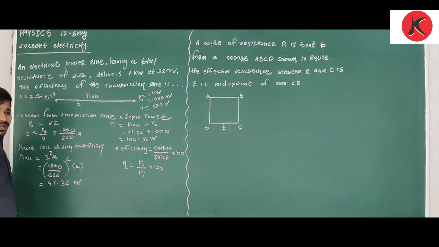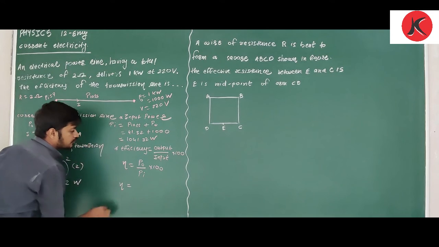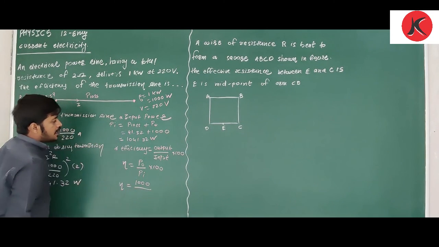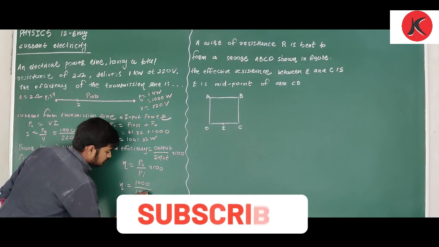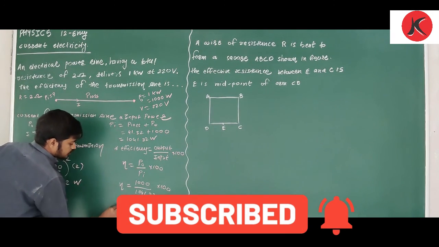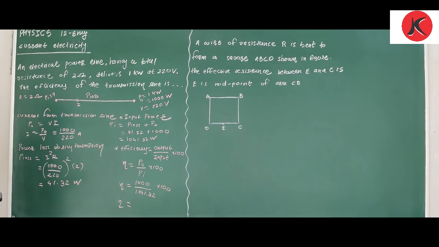Now use the equation of efficiency, eta is equal to output power, 1000, divided by input power, 1041.32, into 100. So eta is equal to what? I will calculate this.